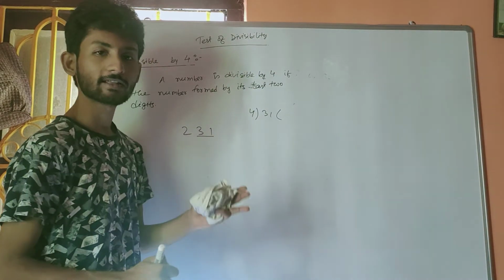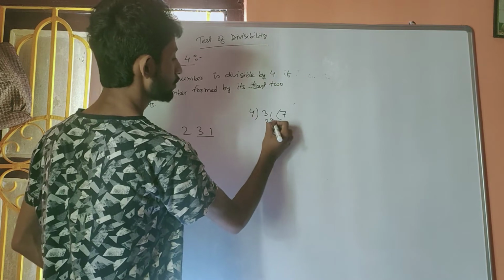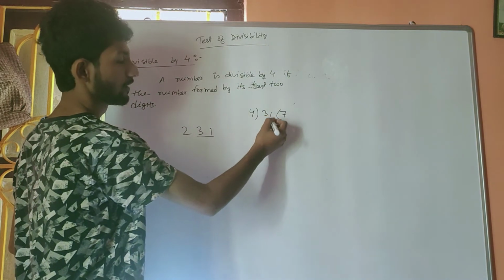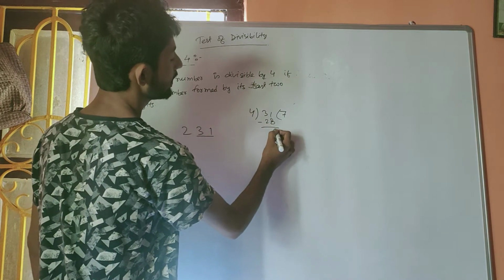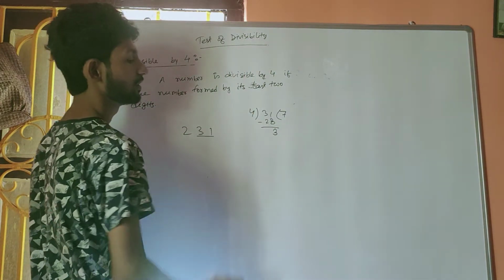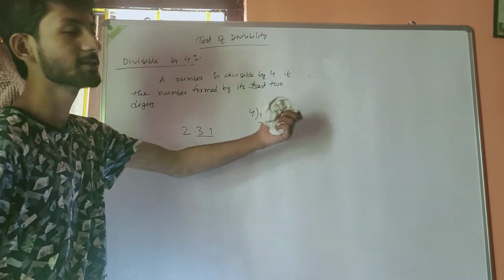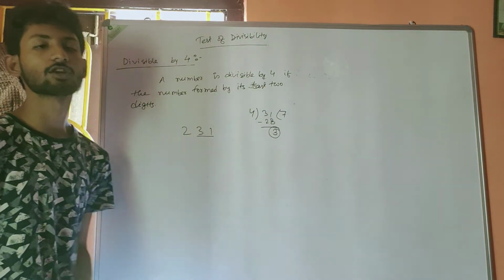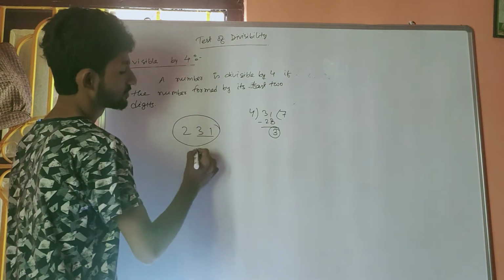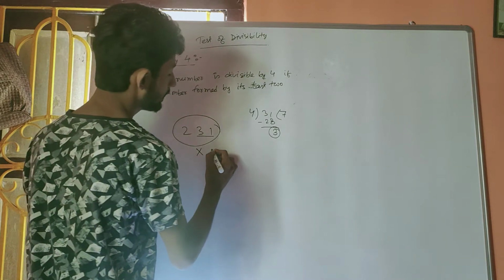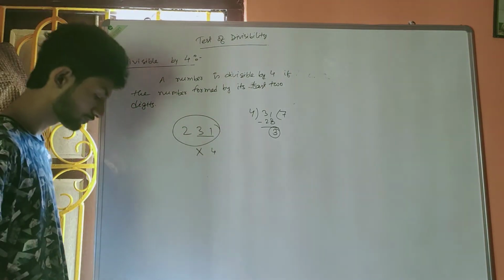So we cannot take 8, we will take 7. So 4 sevens are 28. Subtraction, there will be 3, but it will not go. So it will be the remainder. So 31 is not divisible by 4. In that case, this number is not divisible by 4.